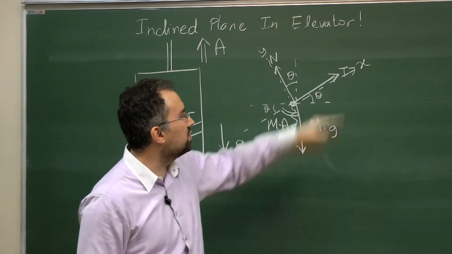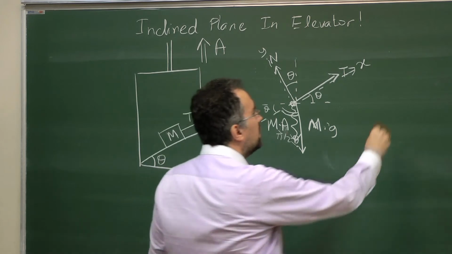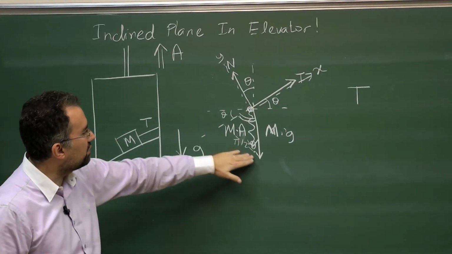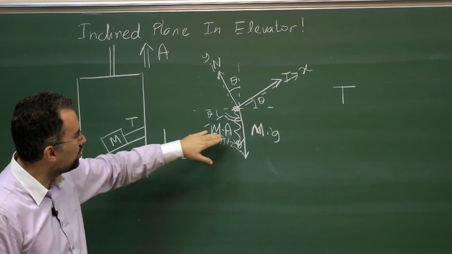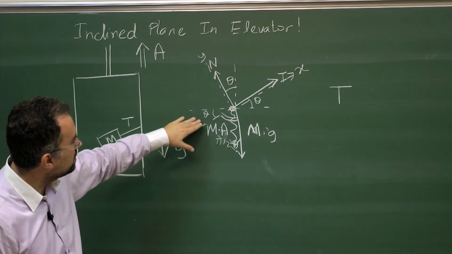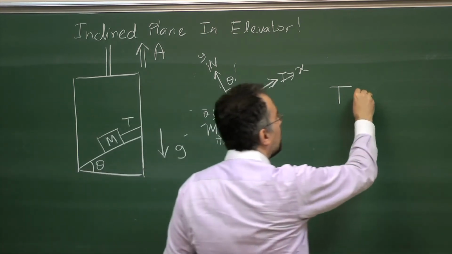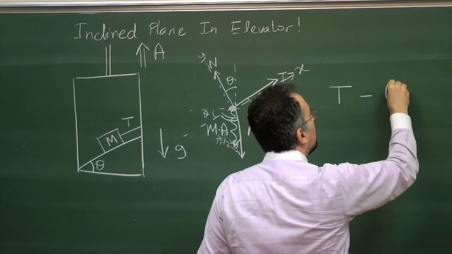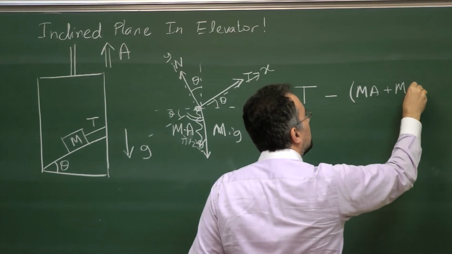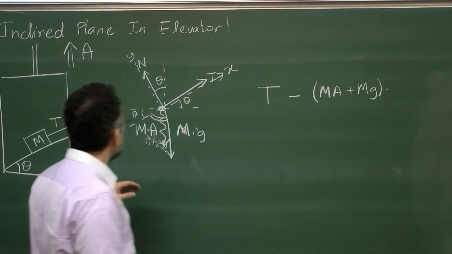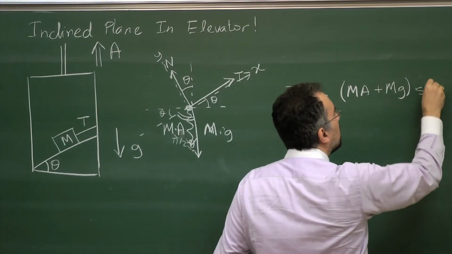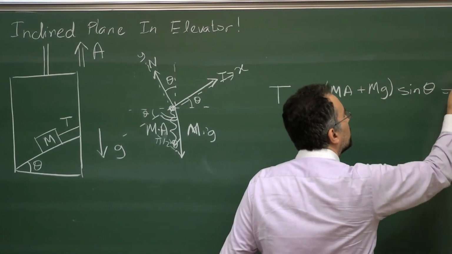If I take my positive direction to be that, I have T. In this direction, I have the projection of both of these forces, MA and MG, and it's in the opposite direction. So I have minus m(a plus g) times sine theta equals 0.